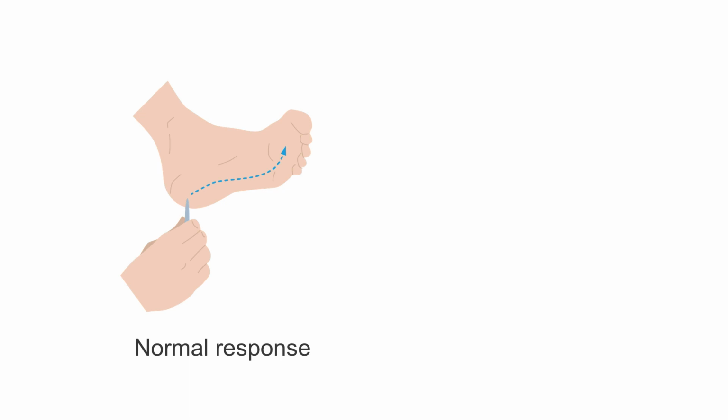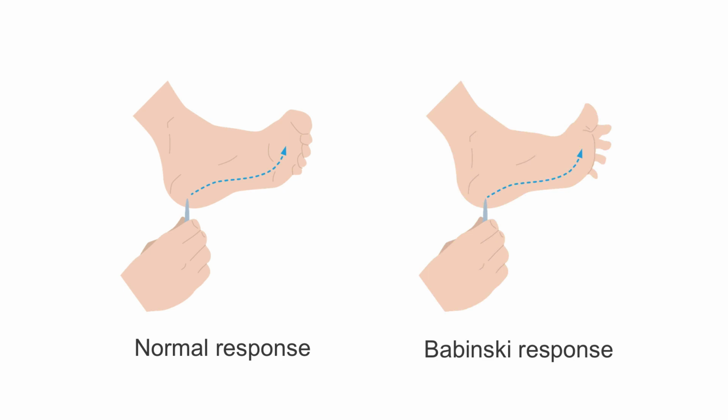You observe the response at the first metatarsal phalangeal joint. In adults, the toe will normally move downward, producing a flexor plantar response. If the toe moves upward, producing an extensor plantar response, also called the Babinski response, this suggests an upper motor neuron lesion in the motor pathways or somewhere along the corticospinal tract.